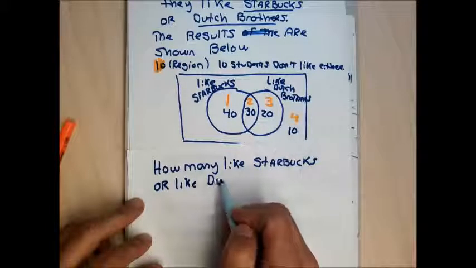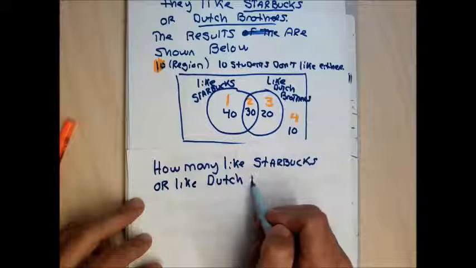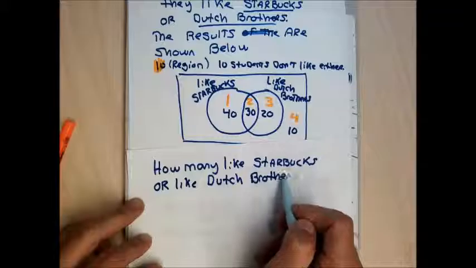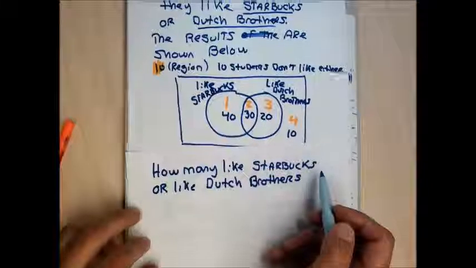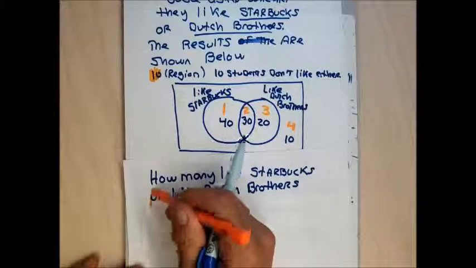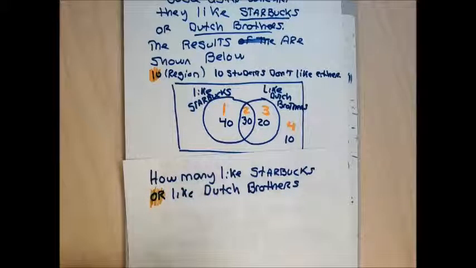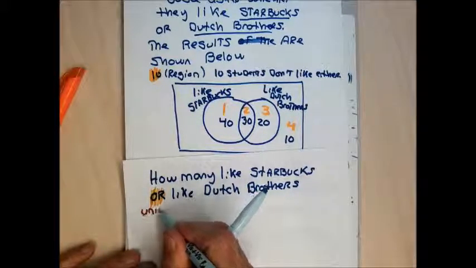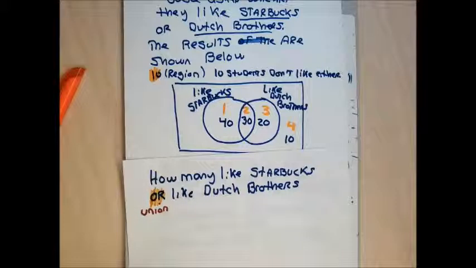How many like Starbucks or Dutch Brothers? There's going to be some key words in our word problems, and one of the key words is the word or. And I'm going to think of the word or in terms of the Venn diagram as union.